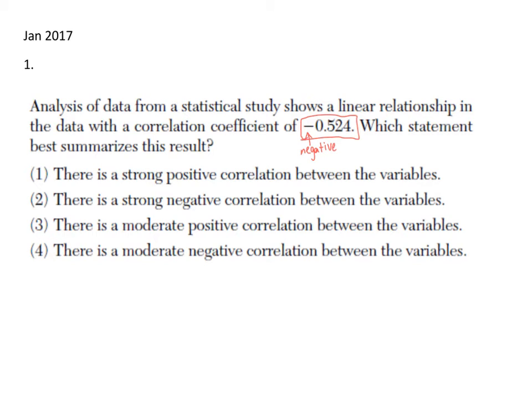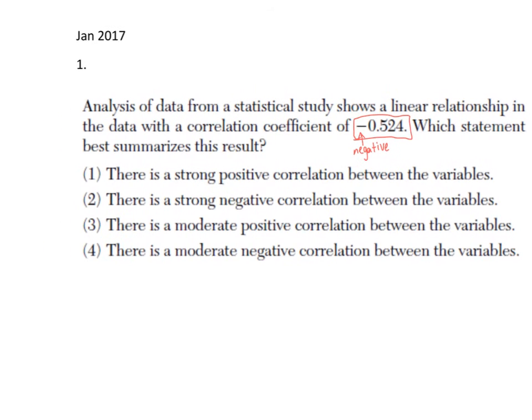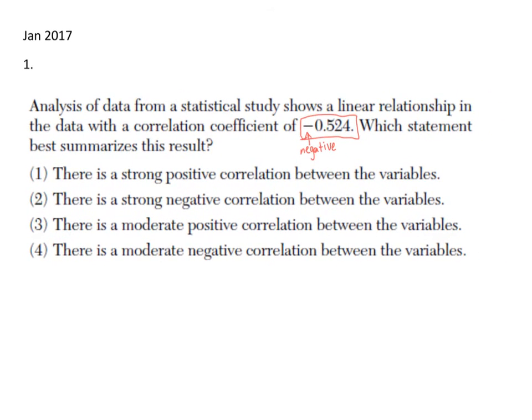Second one, there is a strong negative correlation between the variables. Third one, there is a moderate positive correlation between the variables. Fourth one, there is a moderate negative correlation between the variables. So we know that it's negative. So our answer should include negative and negative. So let's skip answer choice 1 and 3.